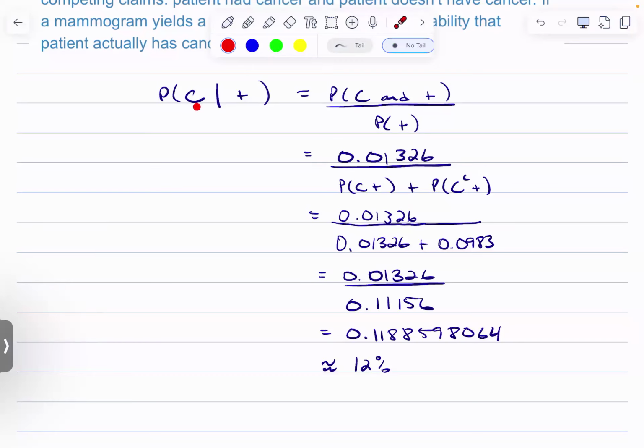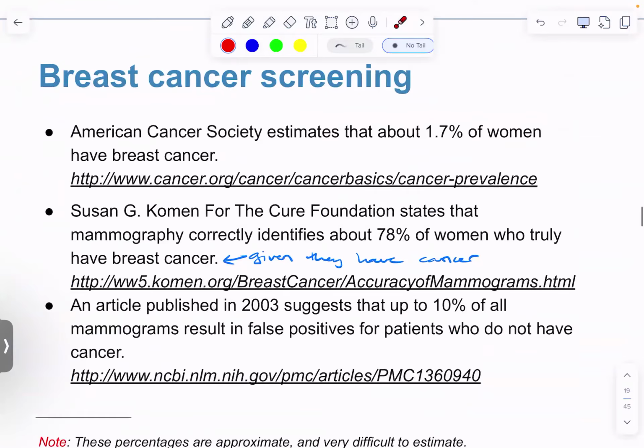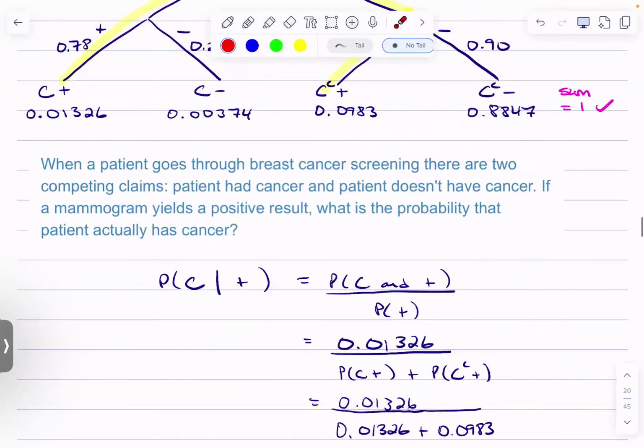So the probability that someone actually has cancer, given that they test positive, is going to be 12%. All right, that's good to know. And that 12% is not obvious from any of this information, so we had to do all that work to get there. Okay, nice.